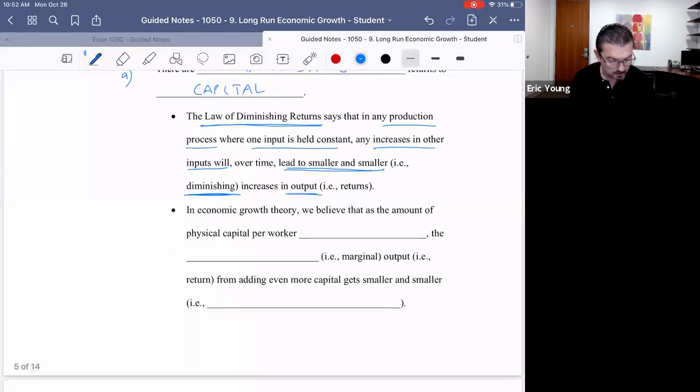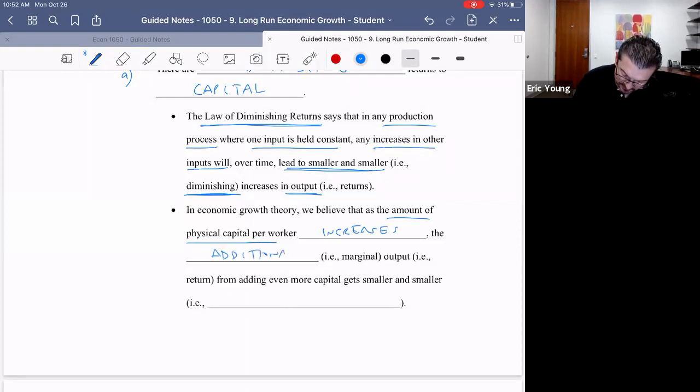So basically what it means in our theory here, in economic growth theory, what we believe is that as the amount of physical capital per worker increases, the additional, AKA marginal output.